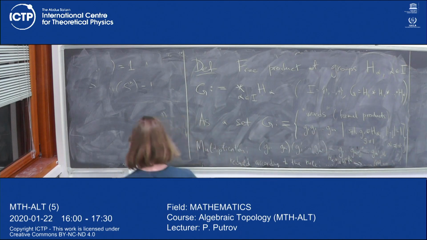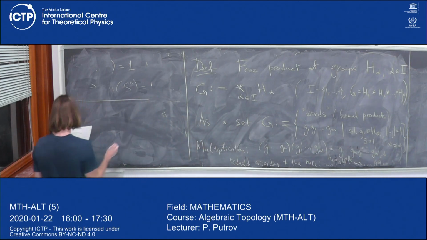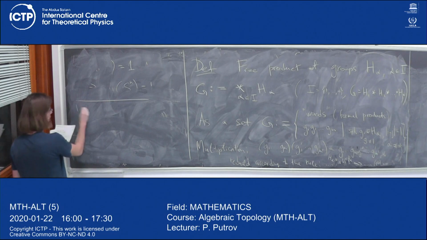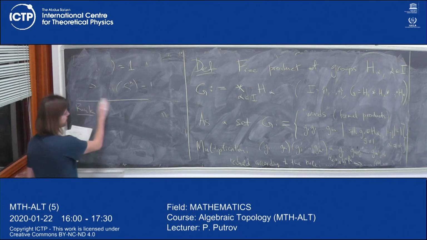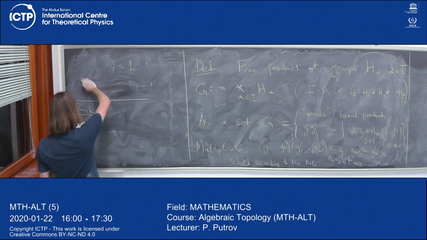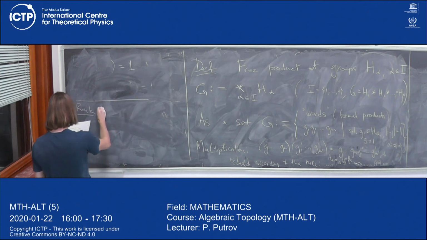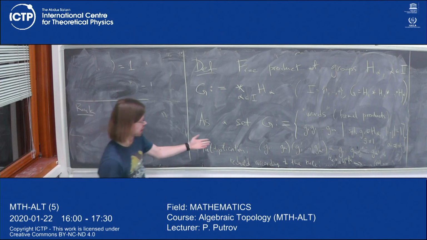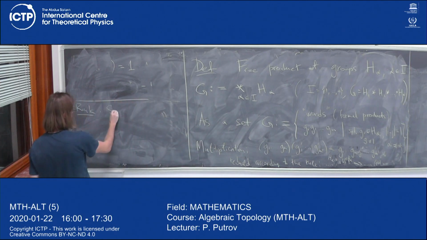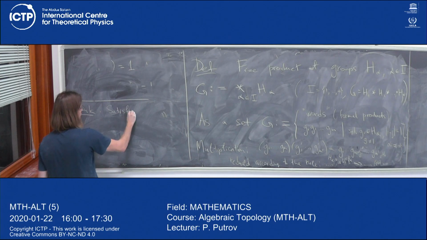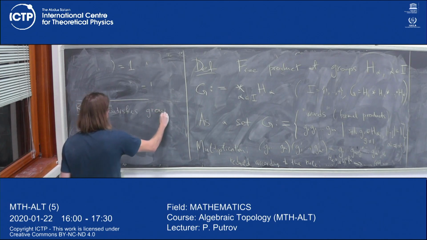Let me take just a couple of minutes, but I want to finish this definition. This definition is okay, but of course we need a few remarks about why it's actually a consistent definition, so that it satisfies group axioms.